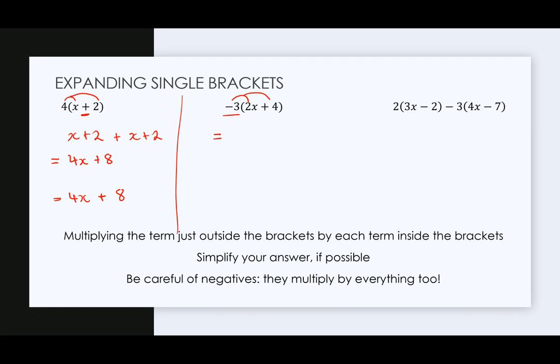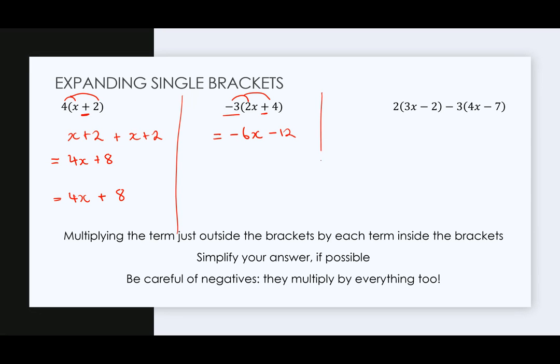So negative 3 times 2x is negative 6x. Negative 3 times 4 is negative 12. So instead of writing the plus that was over here in between them, I'm actually going to write just minus 12, which is the same thing. So minus 6x minus 12 will be my final answer.